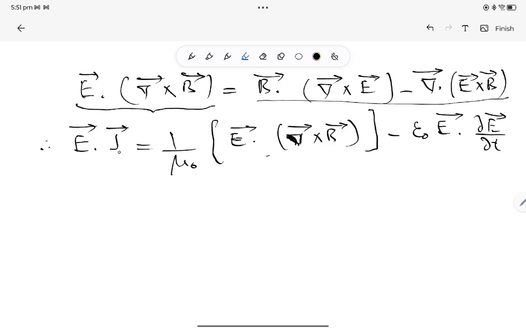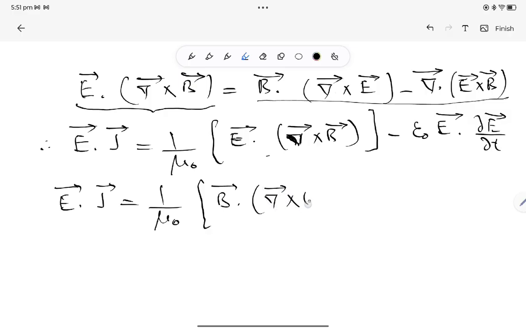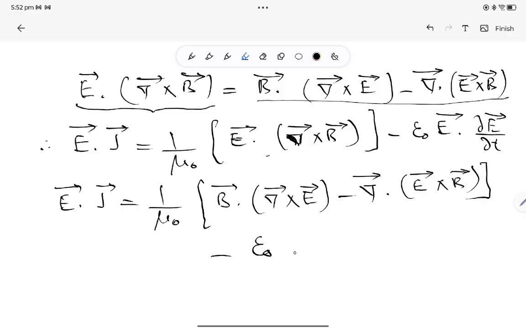Now in the expression for E dot J, when we do that, we get E dot J is equal to 1 by mu naught, B dot del cross E minus del dot E cross B, and then outside, minus epsilon naught E dot del E by del T.